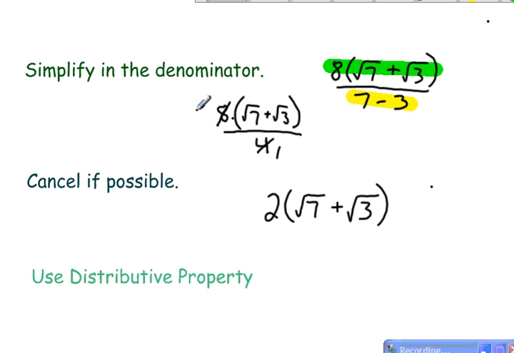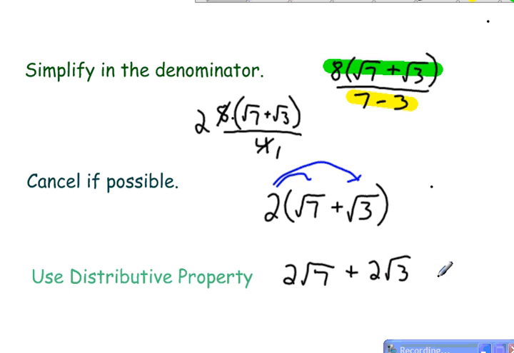That 8 becomes a 2. So that cancels out, and it comes down to 2 parentheses radical 7 plus radical 3. Now I'm using the distributive property here and here. Gives me 2 radical 7 plus 2 radical 3. Enjoy.